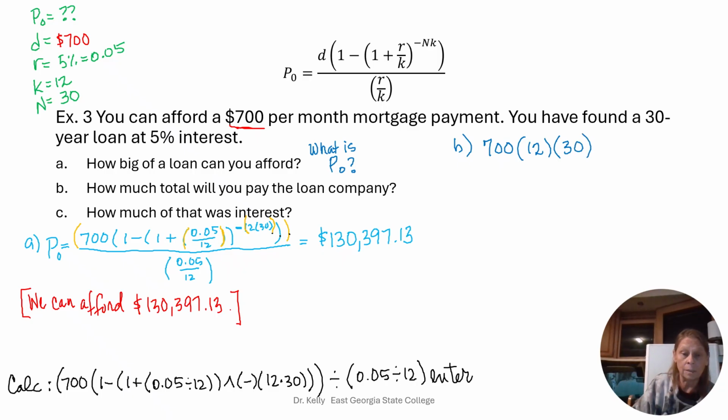Okay, so this is the cost per month. This is months per year. And finally, this is number of years. And when we compute that all out, it is $252,000.